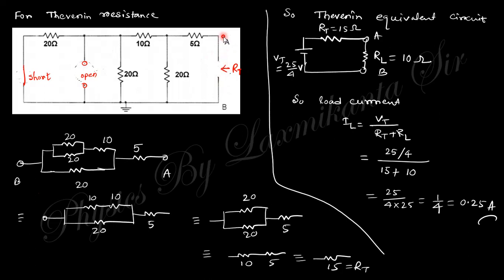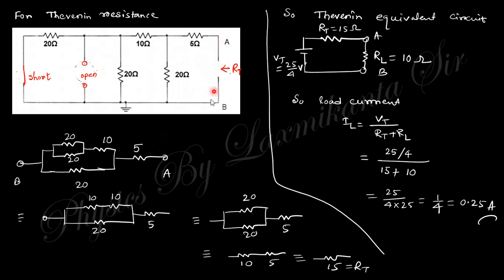You can see here this 5 ohm, then this combination and 20 are parallel. So 20 parallel, and then 10 in series, 20 parallel, then in series. The total is parallel with 20, and this total is in series with 5. I think it's clear. Let me redraw this circuit in a different manner.